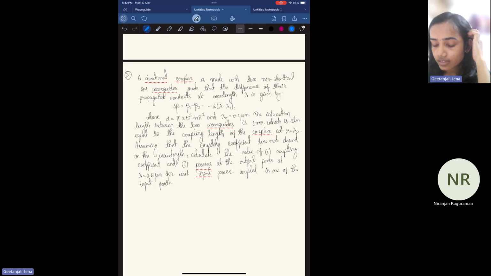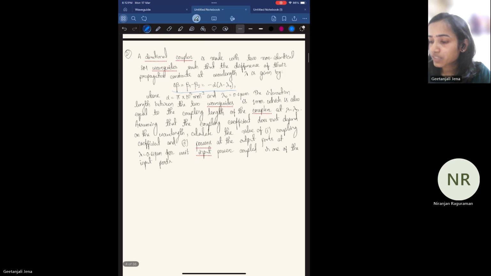So the question is, a directional coupler is made with two non-identical single-mode waveguides such that the difference of their propagation constant at wavelength lambda is given by this. So let me sequentially write what information is given to us.